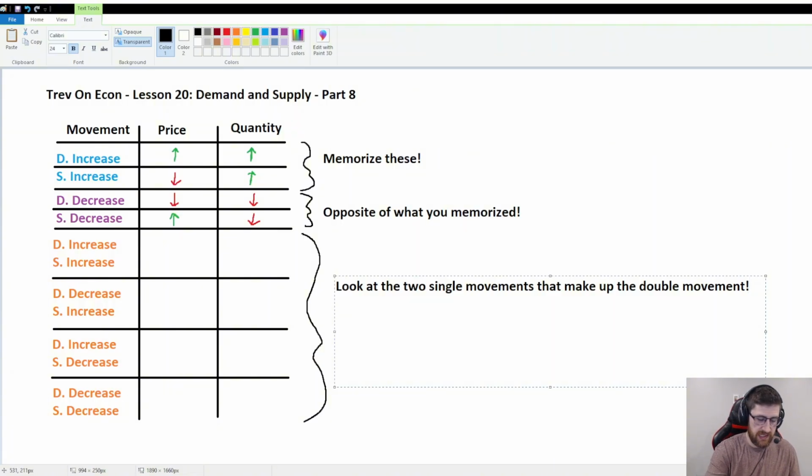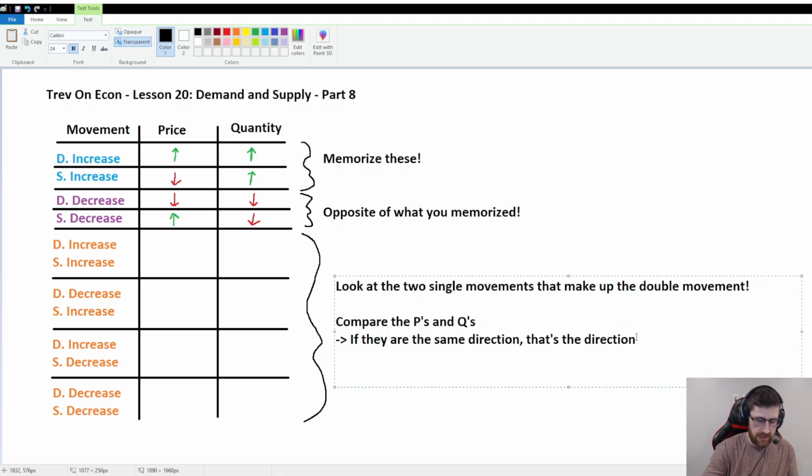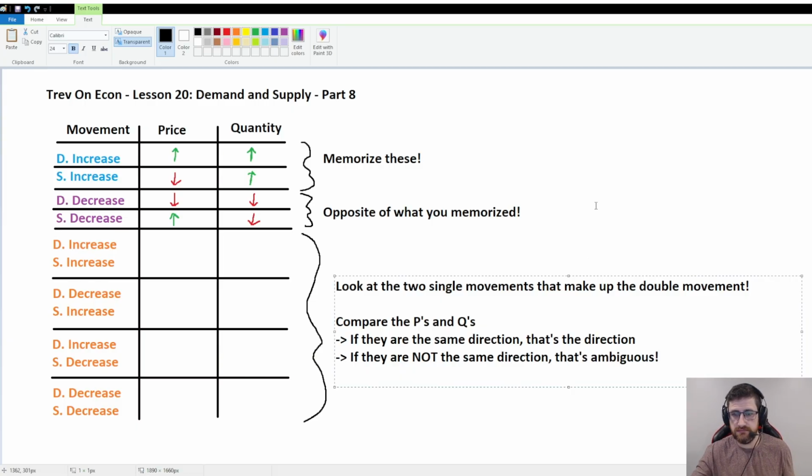What you're going to do is compare the P's and Q's. If they are the same direction, that's the direction. If they are not the same direction, that's ambiguous.